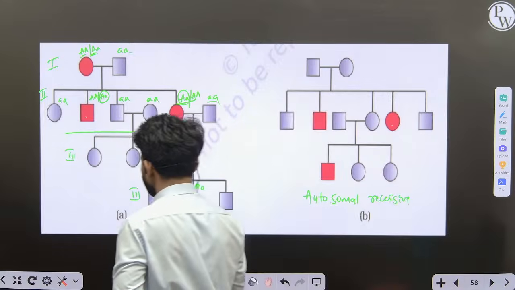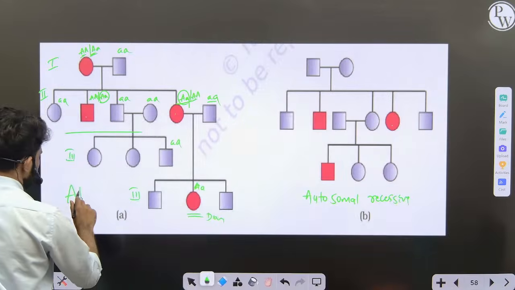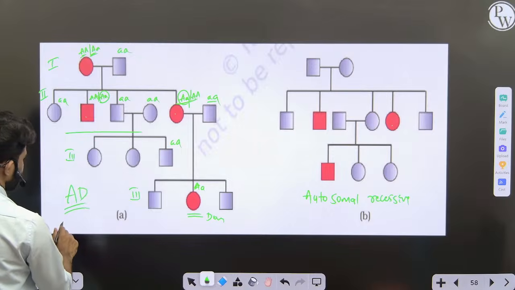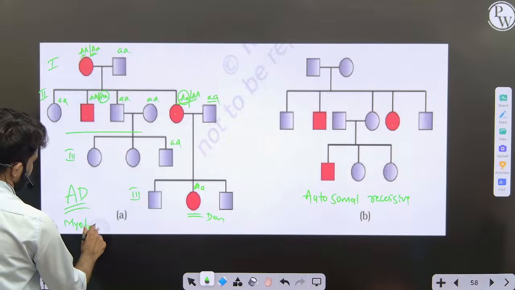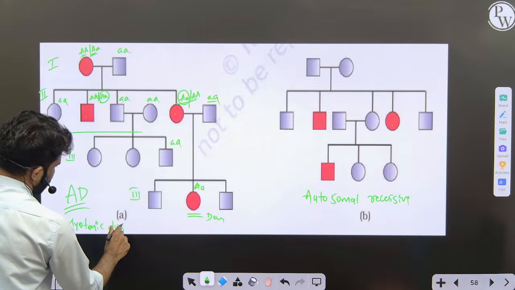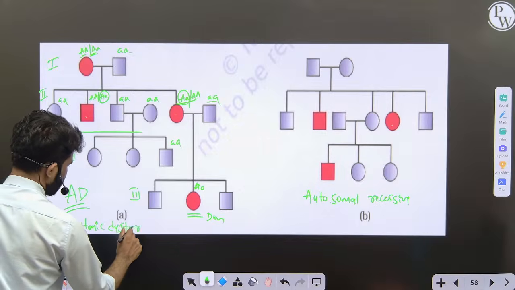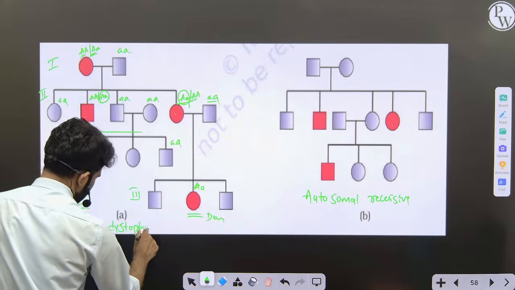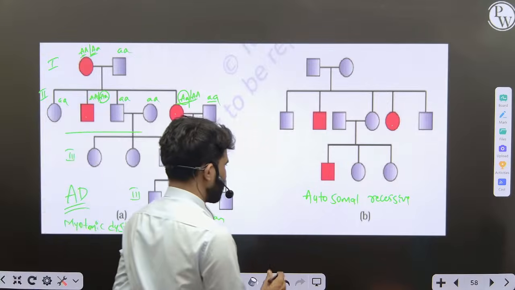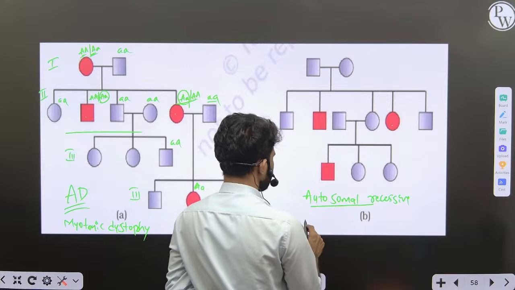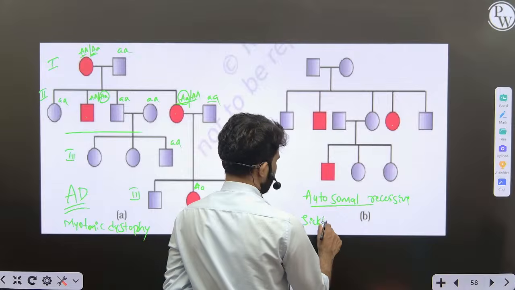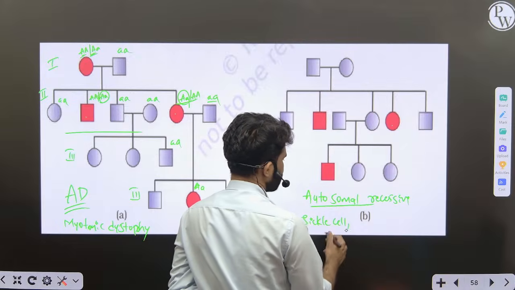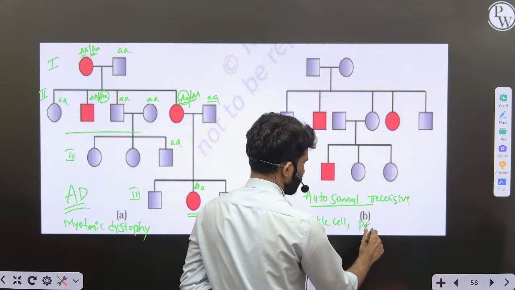As we studied, this is autosomal dominant. An example given for this is myotonic dystrophy, which is of autosomal dominant type. Autosomal recessive examples include sickle cell anemia, thalassemia, as well as phenylketonuria.